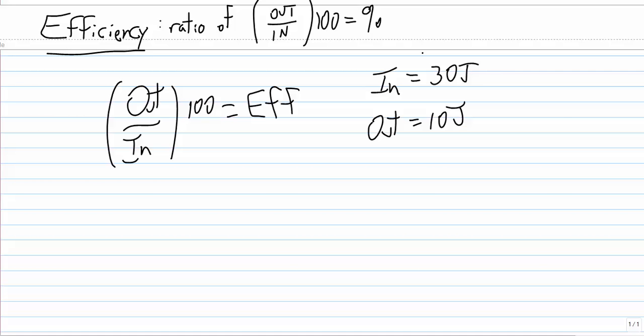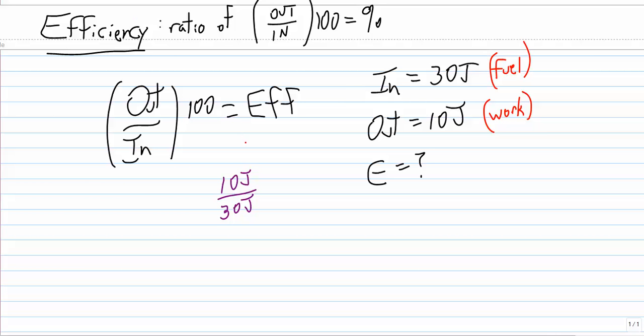So in was fuel and out was work. So the machine did some work for us. What is the efficiency? Well, all we have to do is plug in our numbers. We've got our output of 10 joules. Our input was 30 joules.